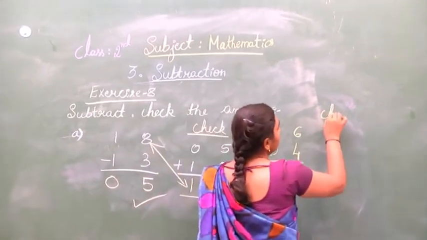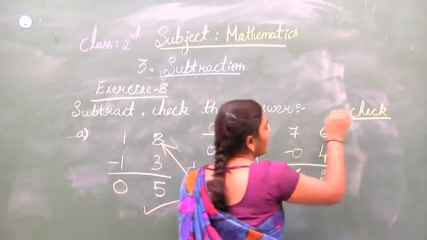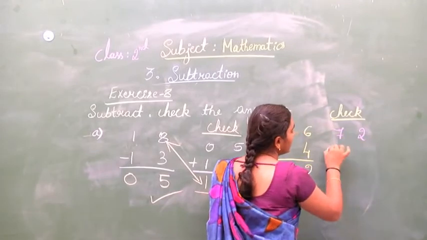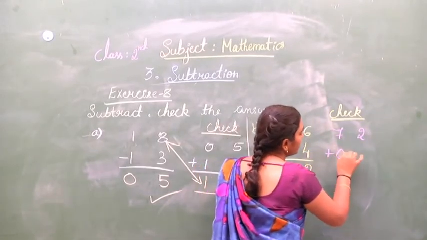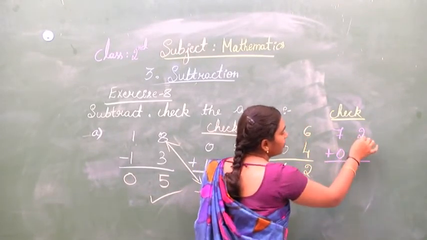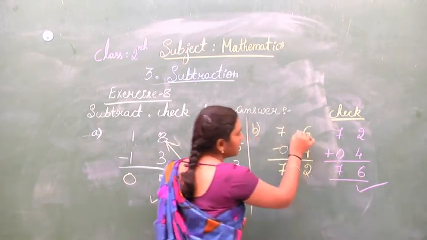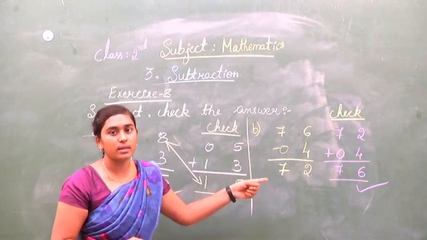Let's check the answer. How to check? 72 is the answer and the smaller number is 4. 2 plus 4 is 6. 7 plus 0 is 7. We have got 76 and 76, so the answer is right.